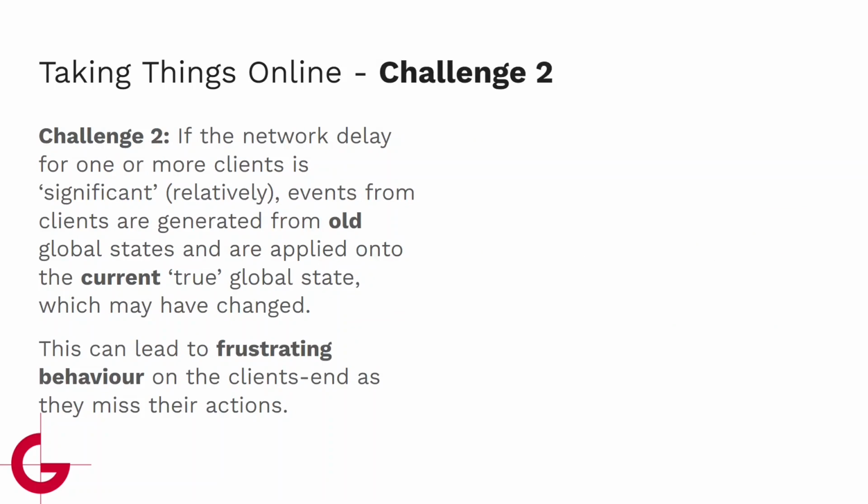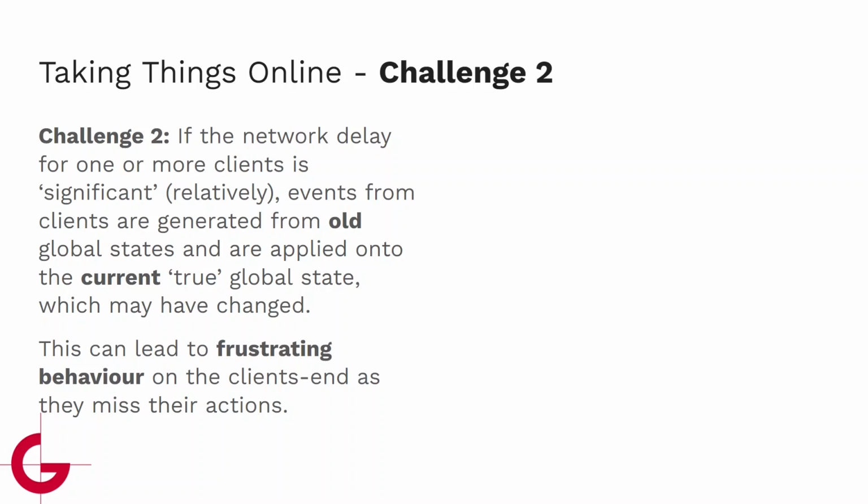But what about challenge number 2? If the network delay for one or more clients is significant, events from clients are generated from old global states and are applied onto the current true global state.